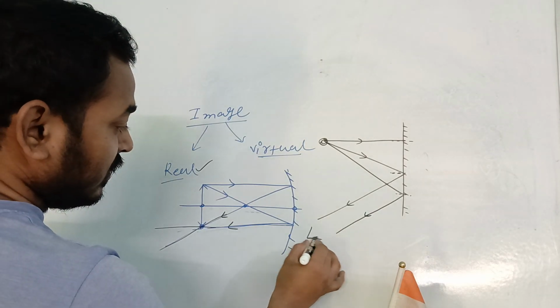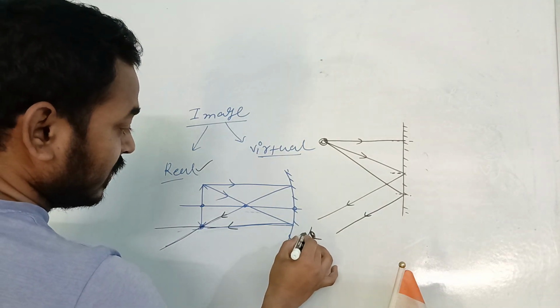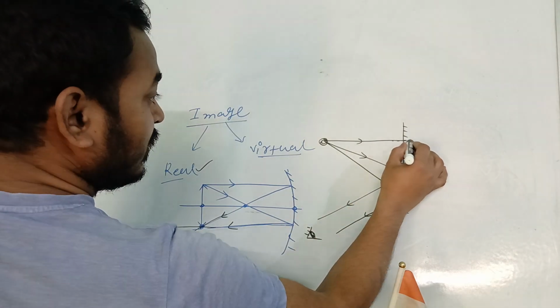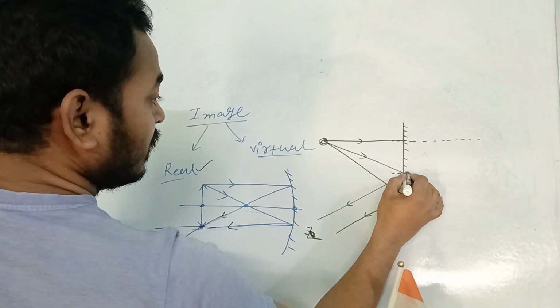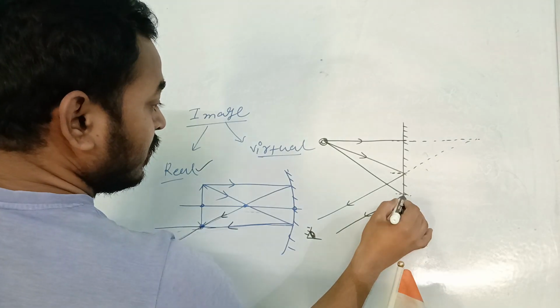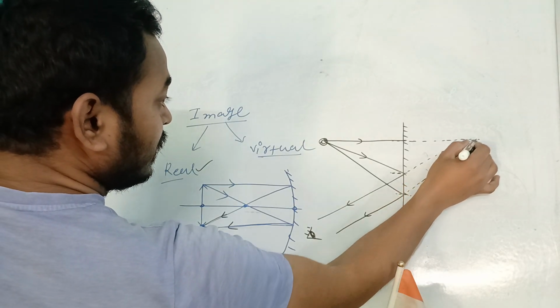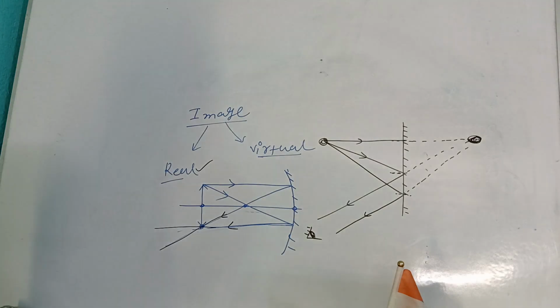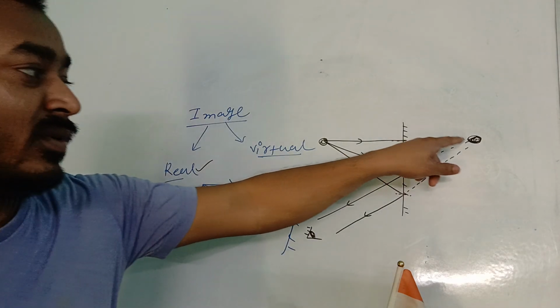If we place our eyes here, then we can see the object here, as if the rays are coming from this point.